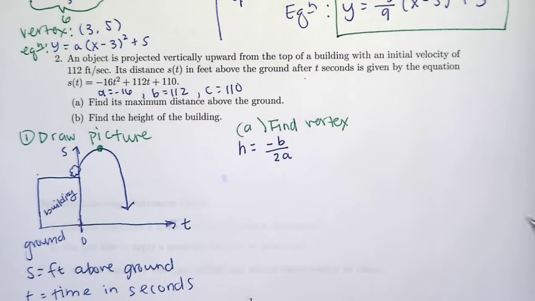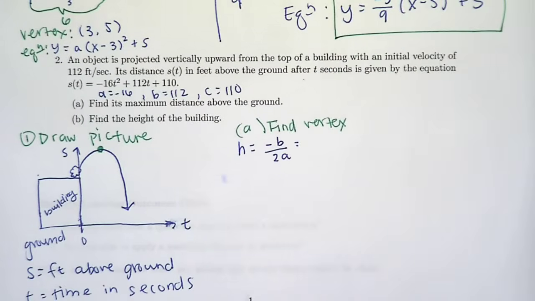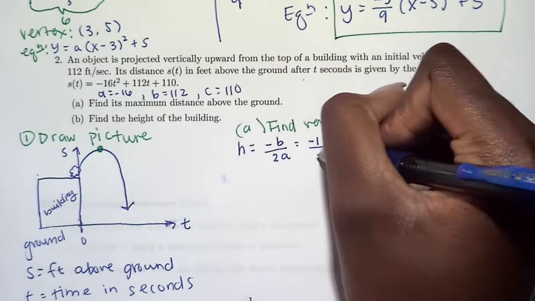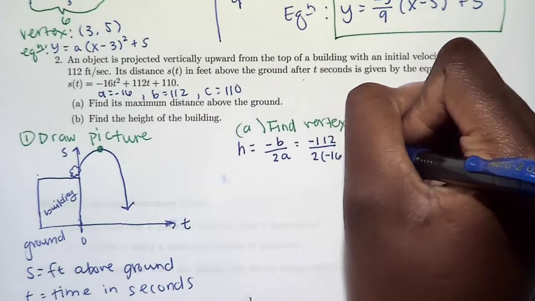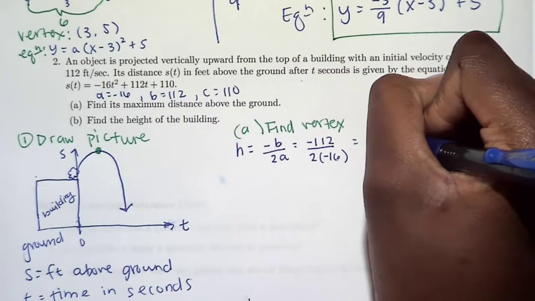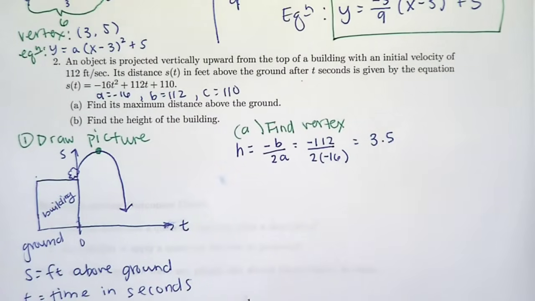All right, so negative b, so negative 112 over 2 times negative 16. I'll do the math for us. It's 3.5.